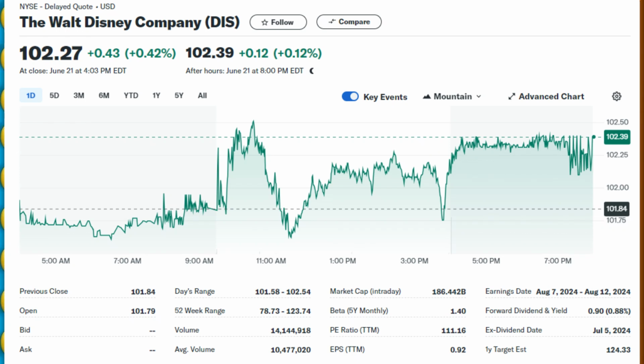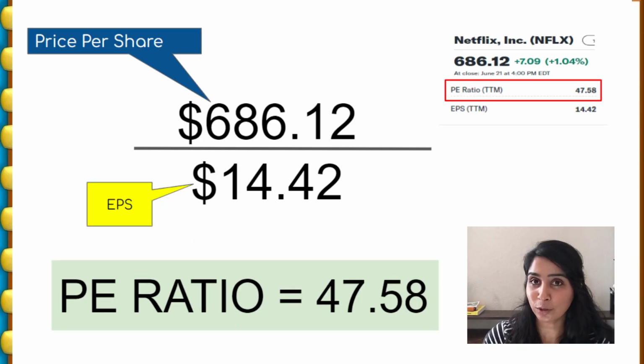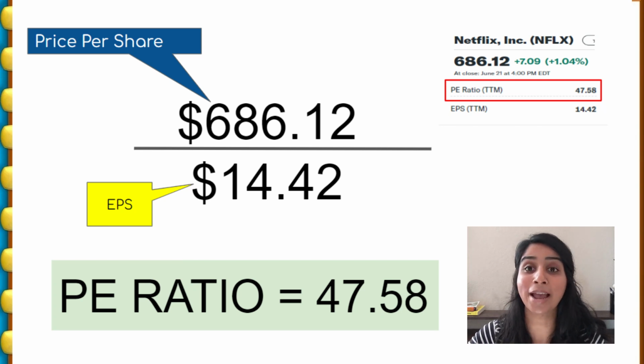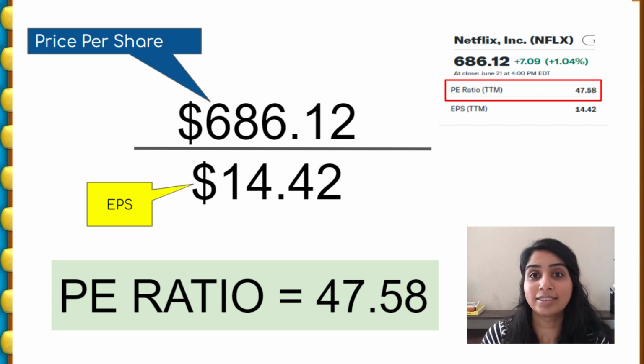You'll see that Disney actually has a very, very high PE ratio at this current time, especially compared to their EPS. Whenever you use PE ratios, how it's meant to be used is to compare specific companies within a sector. Tech companies tend to have higher PE ratios. Companies that are like utilities probably will not have as high a PE ratio.